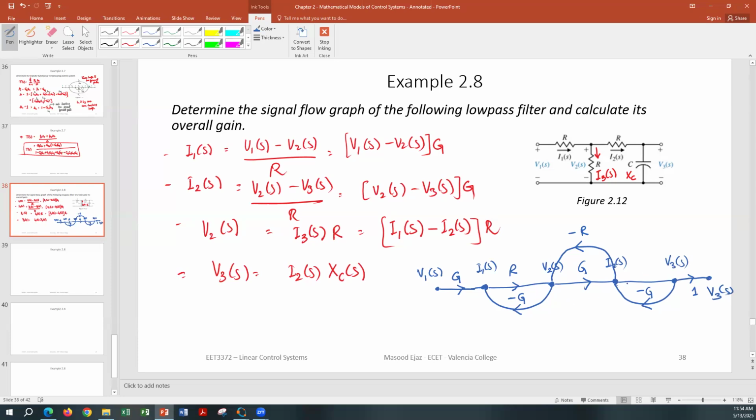So that's my I2. I2 is V2 times G minus V3 times G.